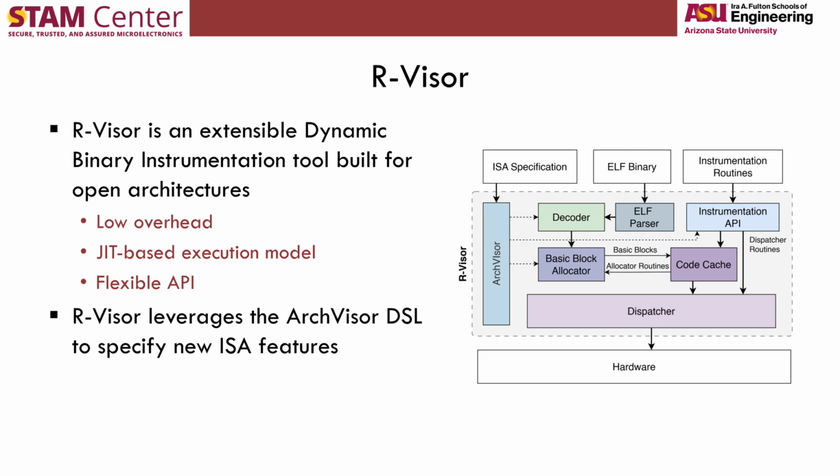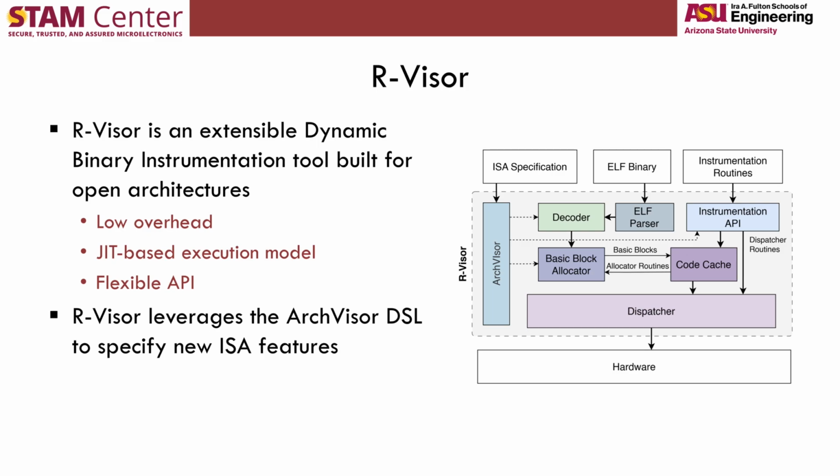And we focus on certain features such as low overhead so that it would be useful in most instrumentation use cases, and we also give it a just-in-time based execution model for instrumenting the binaries. Additionally, we include a flexible instrumentation API which would allow users to write custom routines.